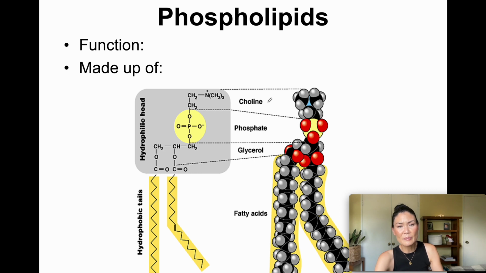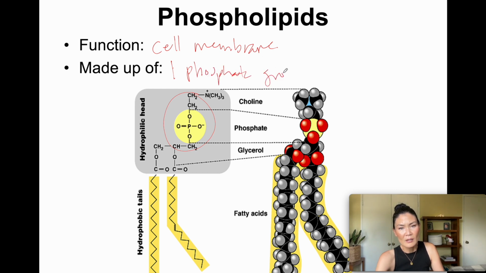Next, you have phospholipids. The function of phospholipids is to make up the cell membrane. Okay, cell membrane. And it's made up of 2 fatty acid chains and then a phosphate group. Okay, so it's made up of 1 phosphate group. My writing is just horrible. And then 2 fatty acid chains.